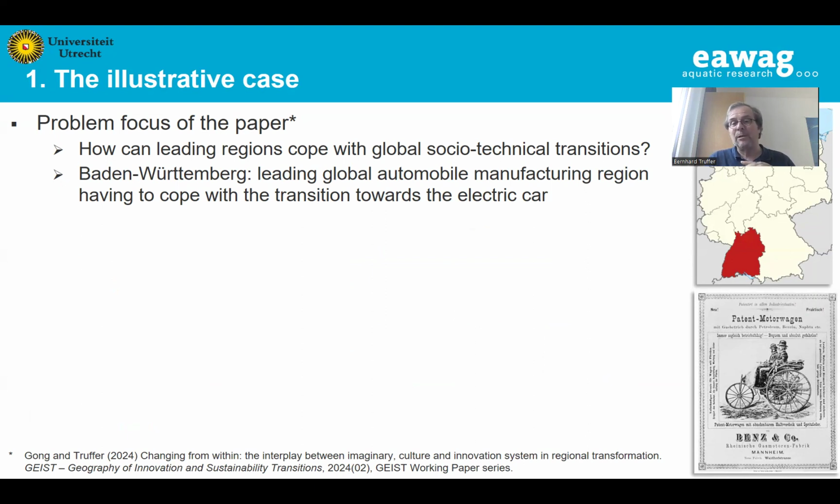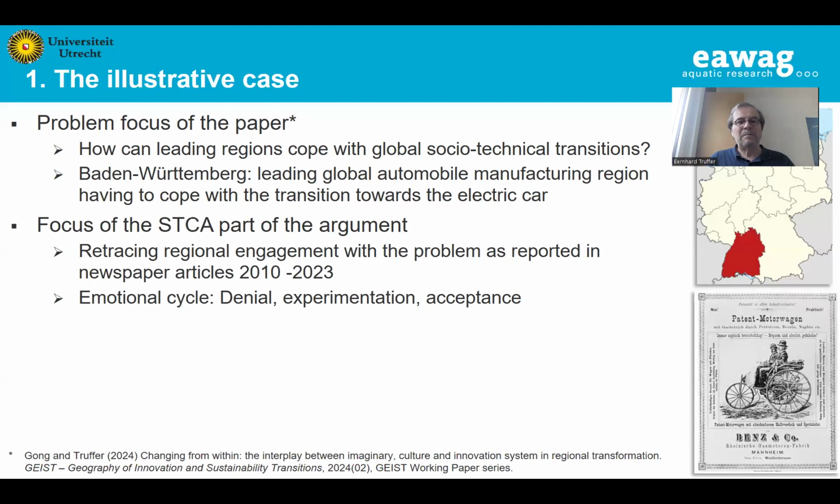The case is the German federal state of Baden-Württemberg, a global leading region in the automobile industry, which had to embrace in the last 10 years the emergence of the electric car, and we can retrace the struggles that came with this transition.